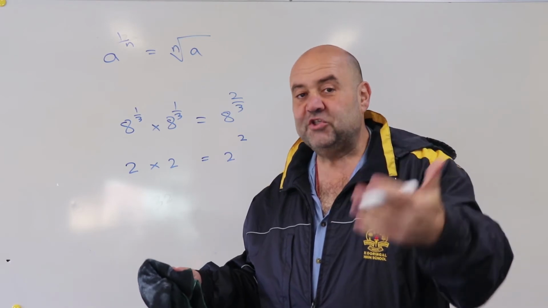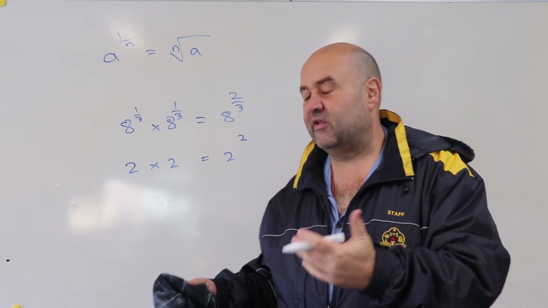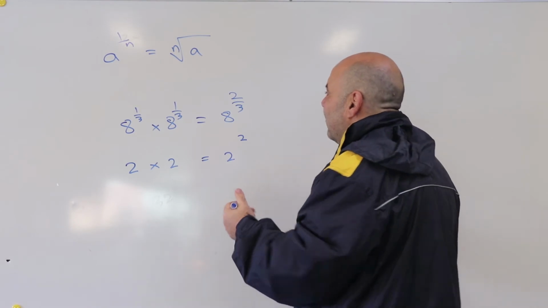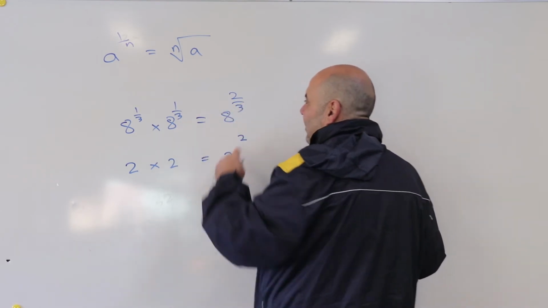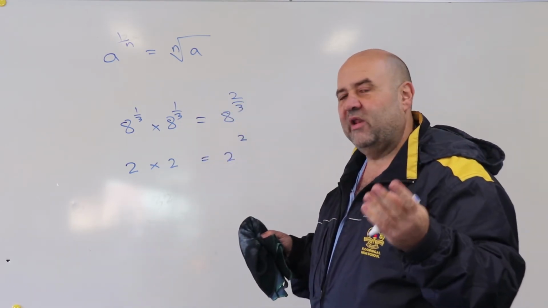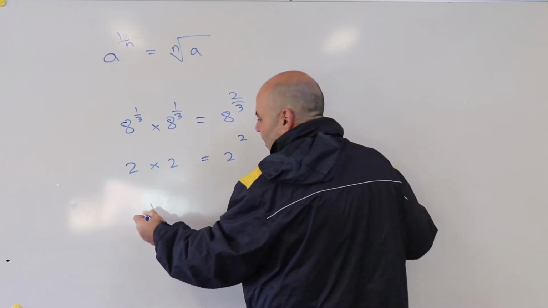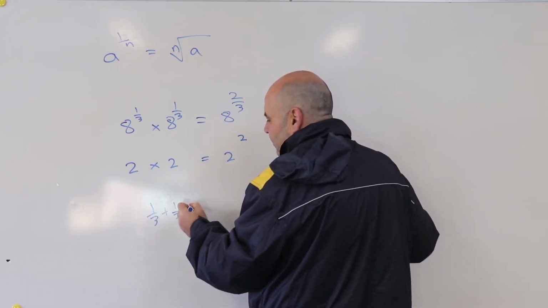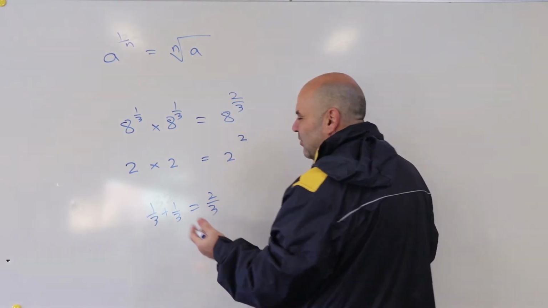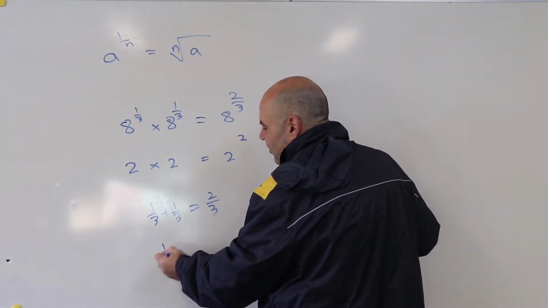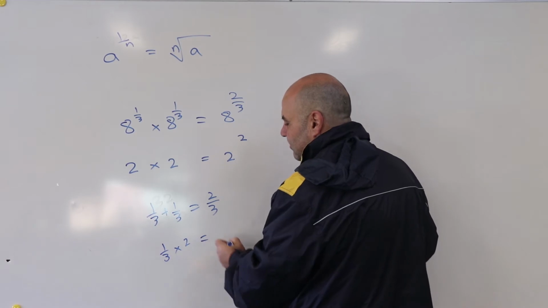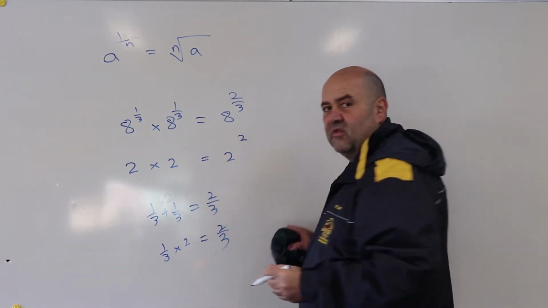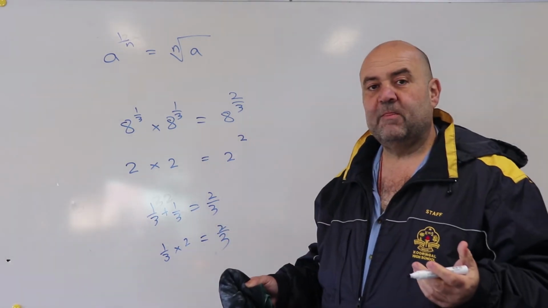But let me show you the algebra behind what I'm about to do. If I talk about 2/3, well, there's more than one way to get 2/3. I can go 1/3 plus 1/3, and that'll give me 2/3. But I can also go 1/3 times 2, and that'll give me 2/3. Both will work, okay?